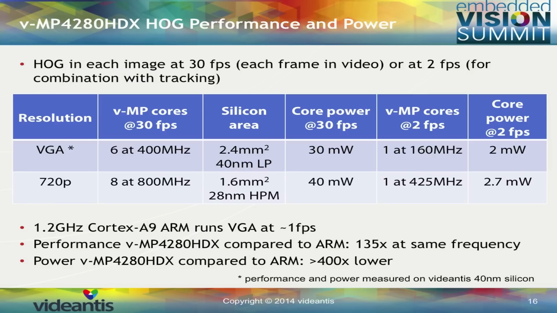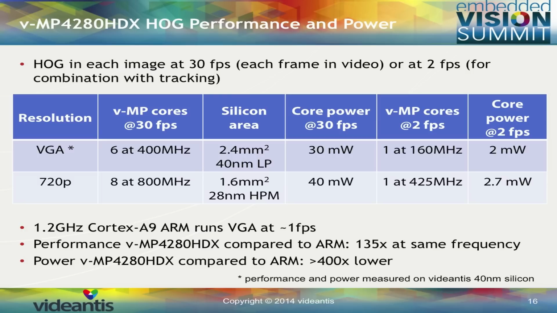We can scale up in resolution, so for 720p, if you're targeting a newer process, maybe 28 nanometer, we need 8 cores, and we can implement that at 800 megahertz. Since the 28 nanometer process uses a little bit less power, the power doesn't go up that much, so it's about 40 milliwatts. If you compare that to a standard ARM, a Cortex A9 runs VGA at roughly 1 frame per second, but it runs at 1.2 gigahertz.